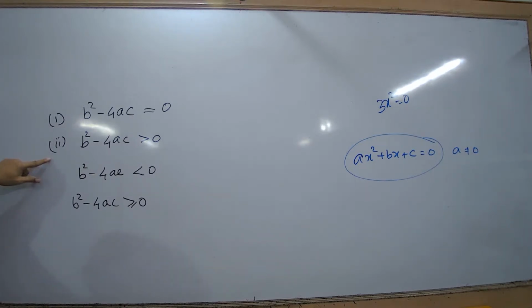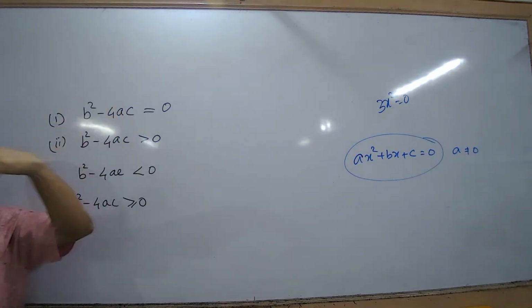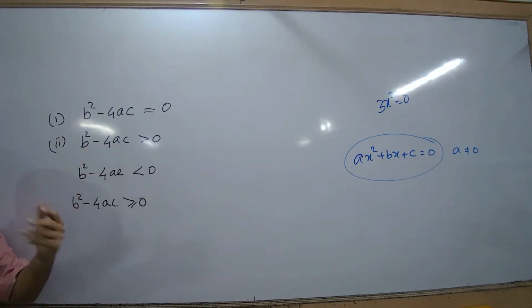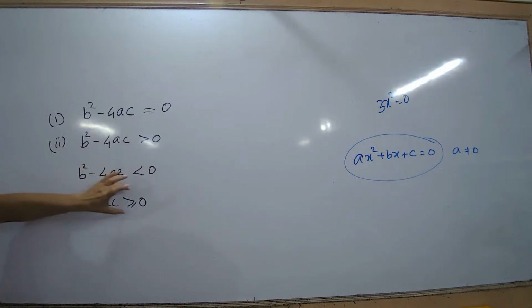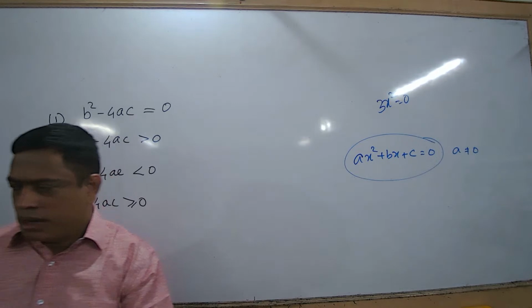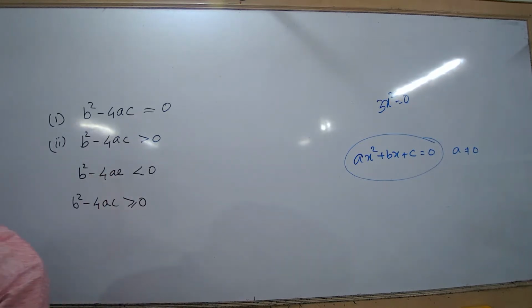You have studied inequality now. The first one was real and equal. Second one was real and unequal. So if it is 0 or positive, the roots are real. If it is equal to 0, it is equal. Or it is not equal to 0, positive means unequal. Understood or not? So what is the condition for real roots? All of you learned? Yes.